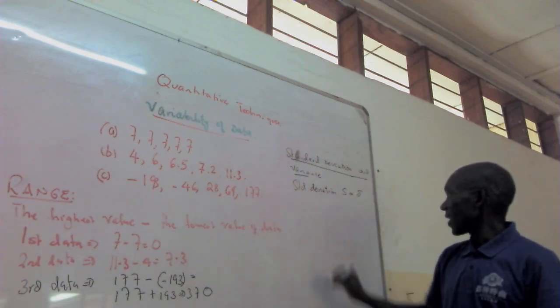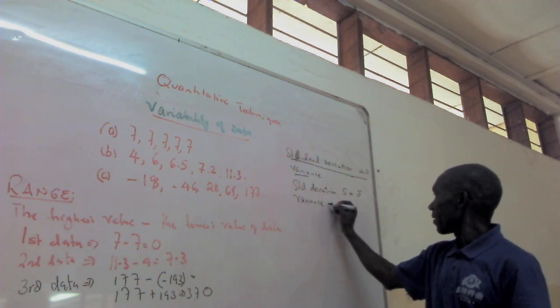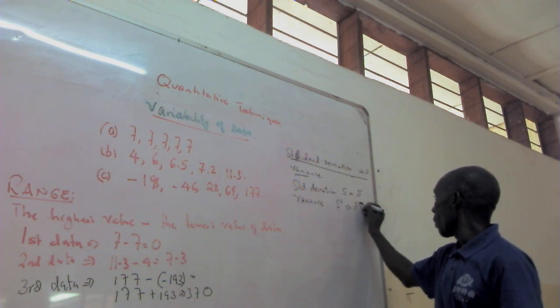Variance is S squared, this means variance.